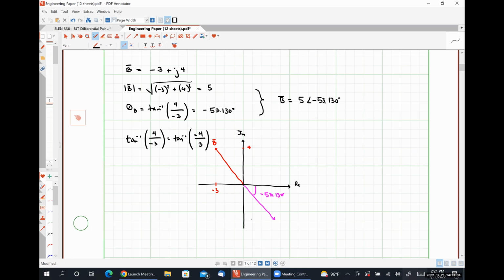So if we're doing this calculation by hand, we have to be extra careful.